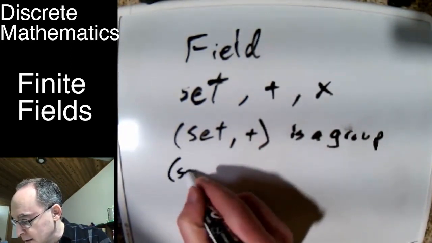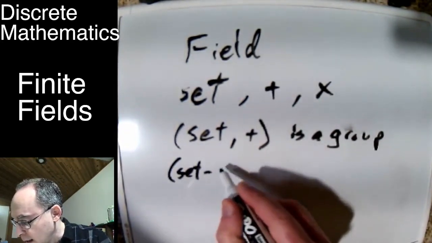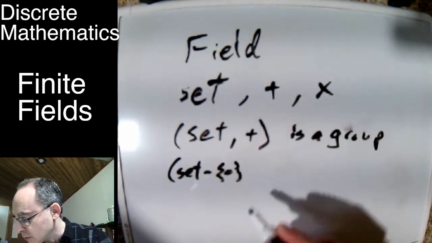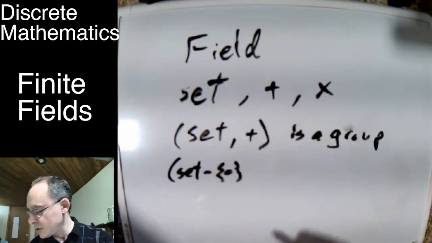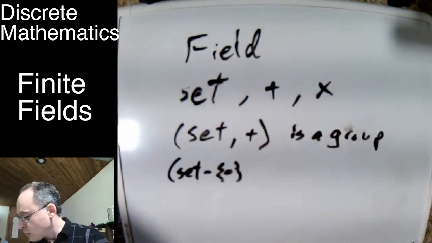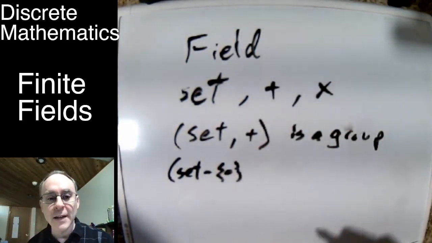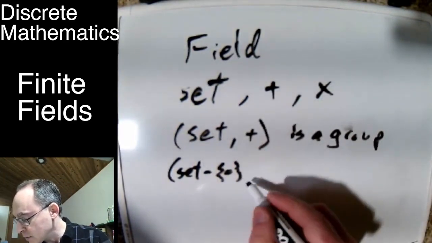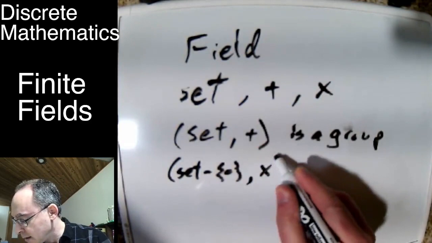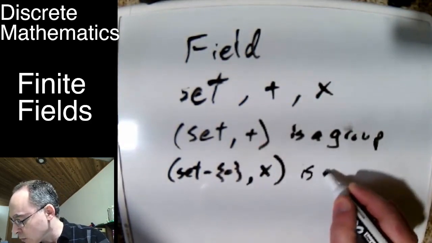But then if we take the set and subtract 0 out of the set, which is just a name for the identity element in addition, there are various ways to denote that. If I take that element out, then I can use multiplication, and that's also a group.